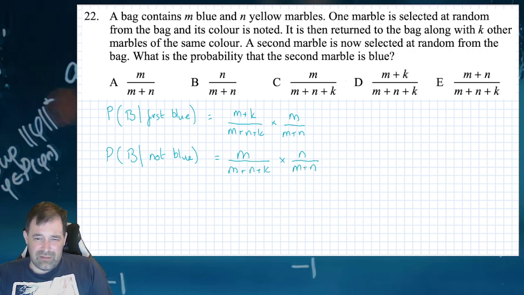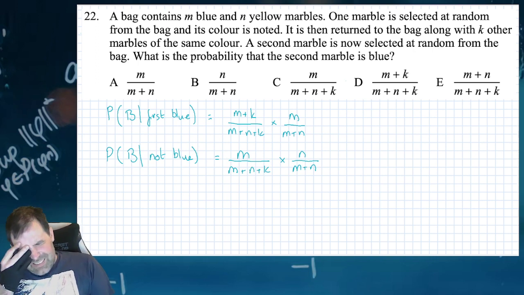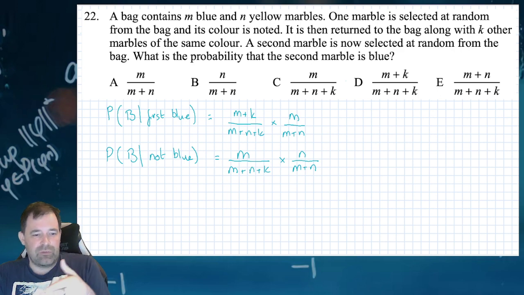And then if we add these two together, that will be the probability that it is blue. Yeah, they're the four options. Blue given first is blue, blue given it's not blue, yellow given first is blue, yellow given, yeah, okay. So we're going to add two of the four options together, and then this will simplify into, if we multiply that, we're going to get, well, the denominator is going to be the same.